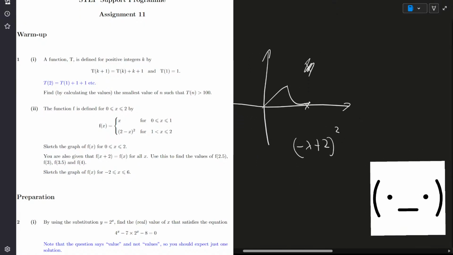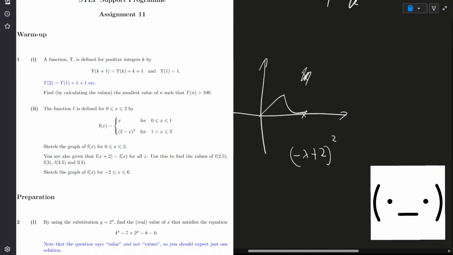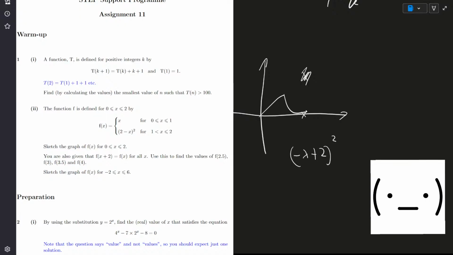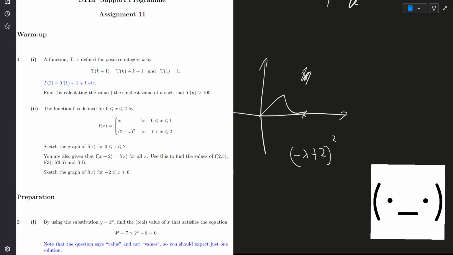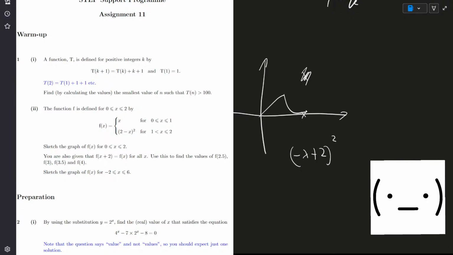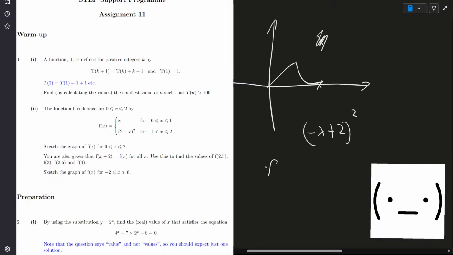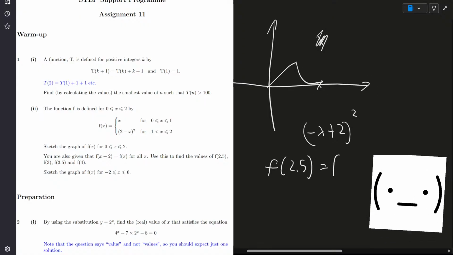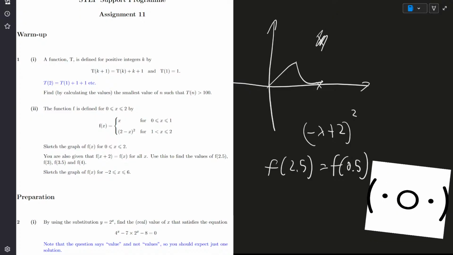Like this. Okay, so this equals this. As you get minus 2, then that's just that.